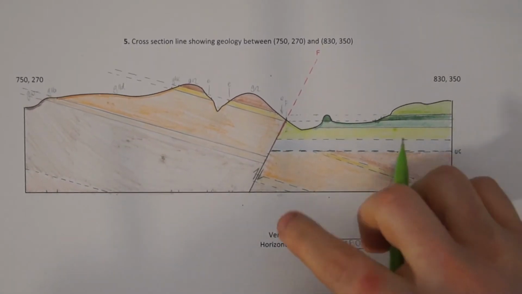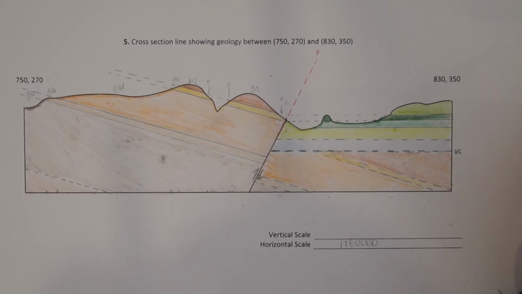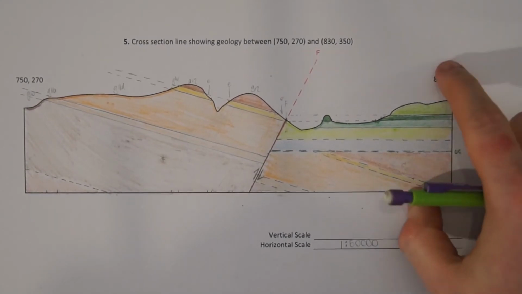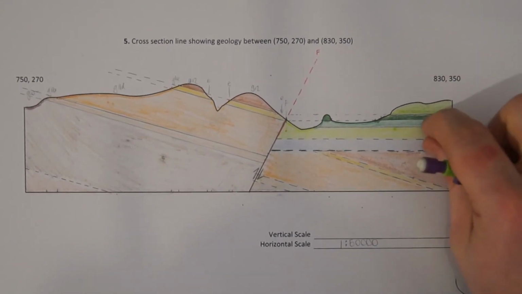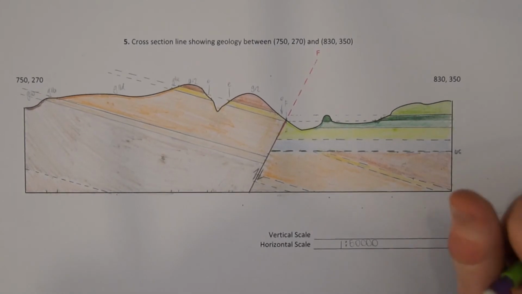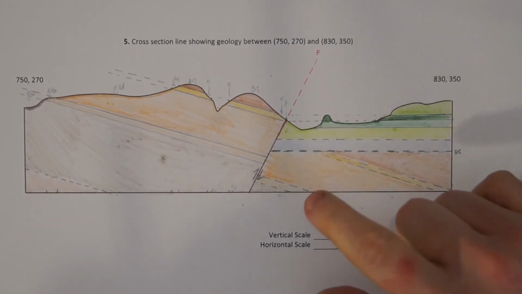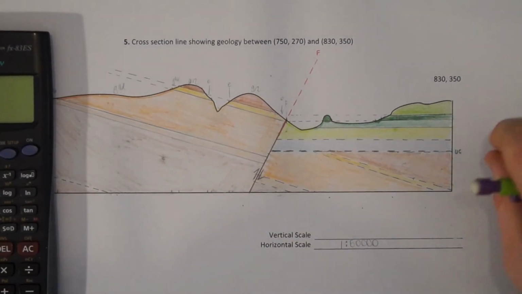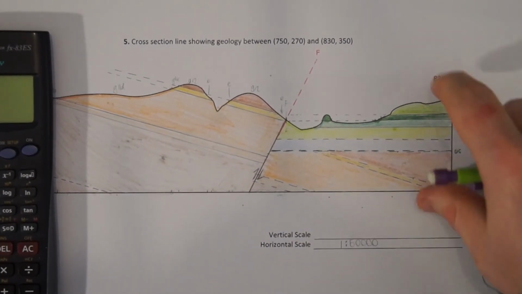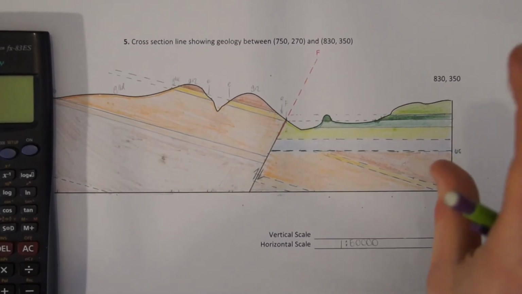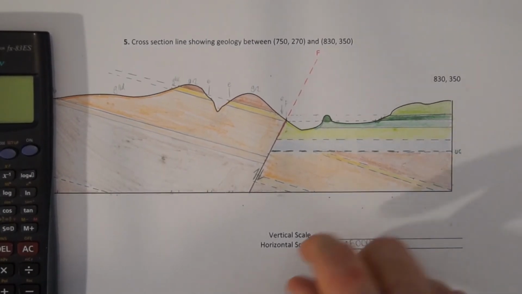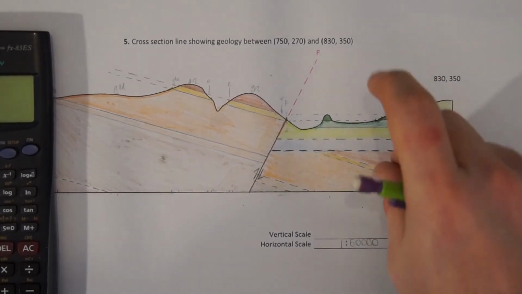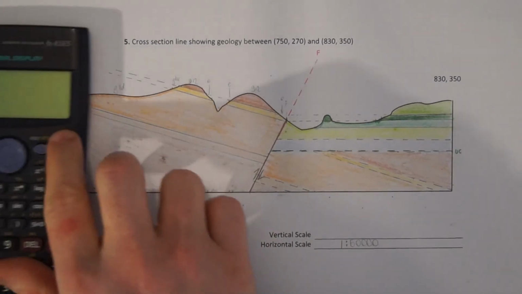But our vertical scale, on the other hand, we've exaggerated everything by a factor of 4, so we can pull out these thinly bedded horizontal rocks. So our vertical scale, because we've exaggerated it by 4, for every unit we go in the vertical, we're seeing 4 times less than the horizontal scale. We're seeing a distance of 4 times less.